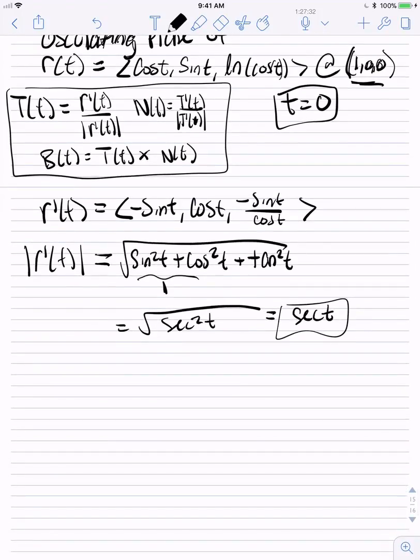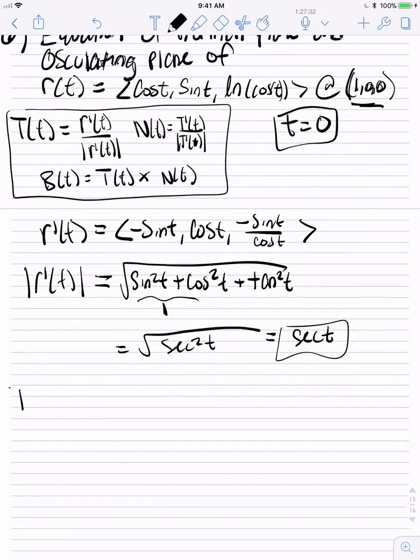So our T of t is r prime of t over the magnitude of r prime of t. So we can write this as negative sine t, cosine t, and I'll keep it as negative sine t over cosine t.